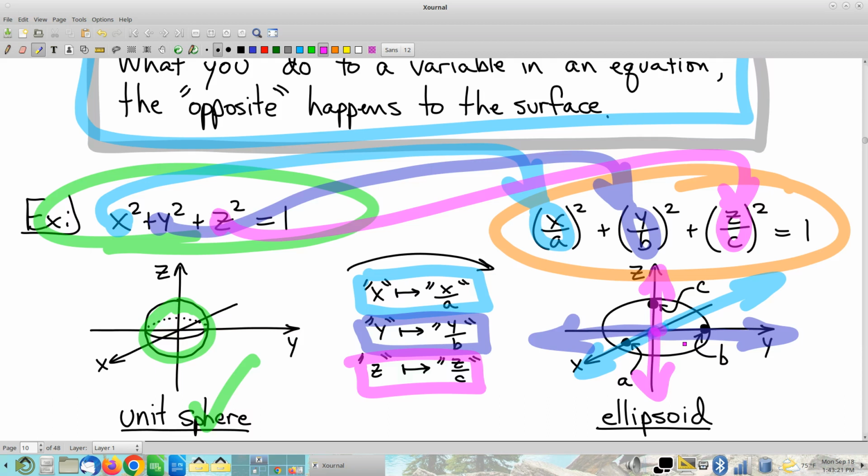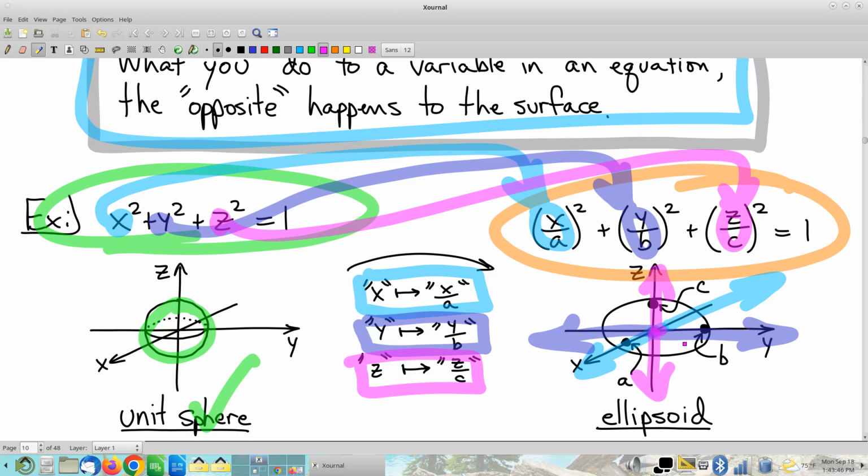So now you just have to ask a simple geometry problem: what happens when I take a unit sphere and stretch it as we just described? The axis intersection points, all being 1 and minus 1, become these A's, B's, and C's, as I have indicated here.